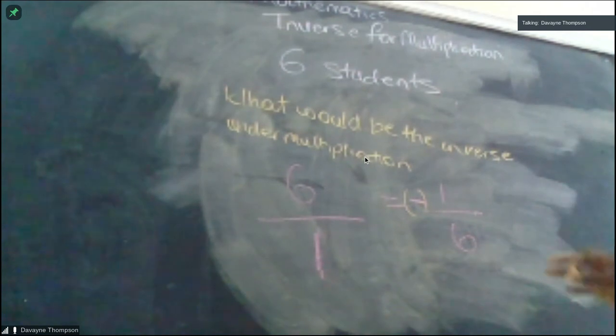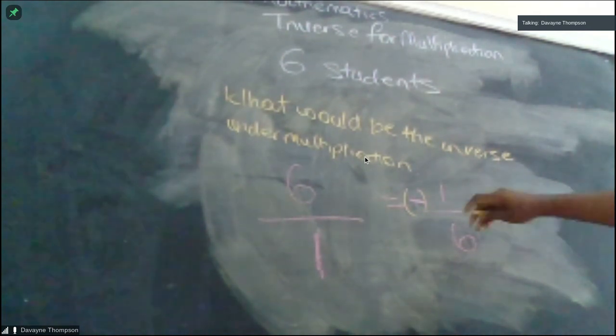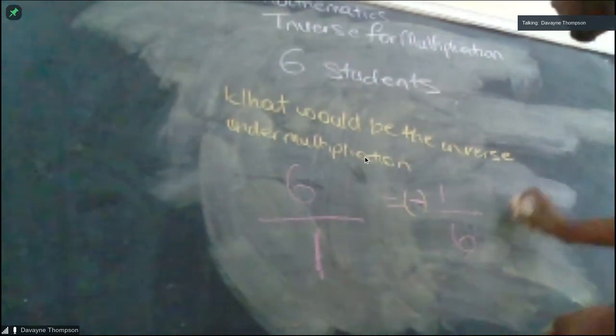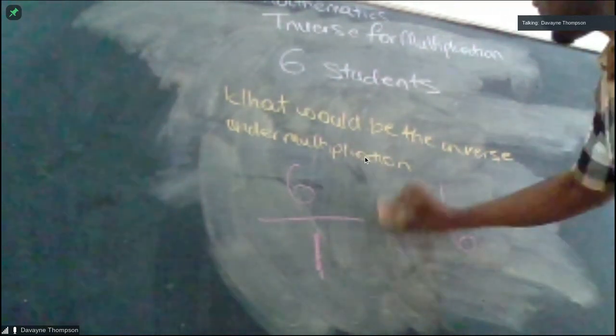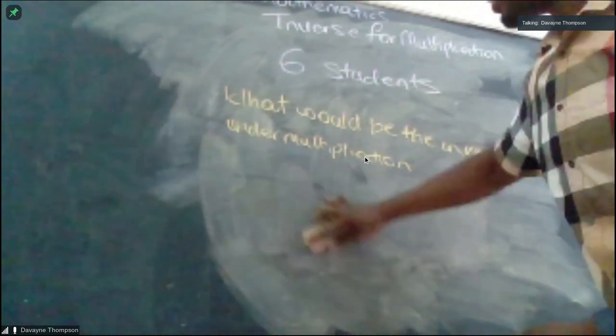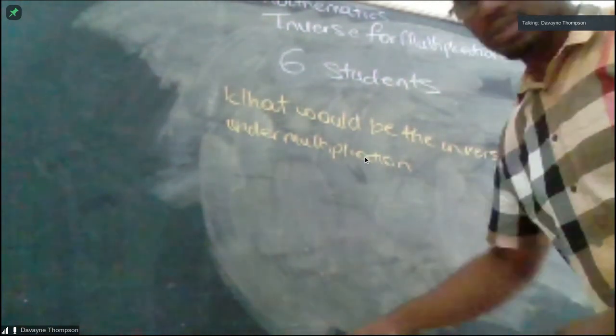Alright? The reason is that when I have 1 over 6, let's pair it together with our 6.